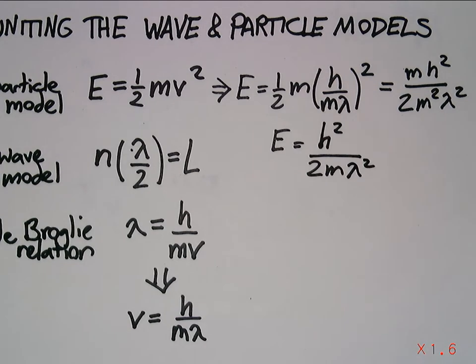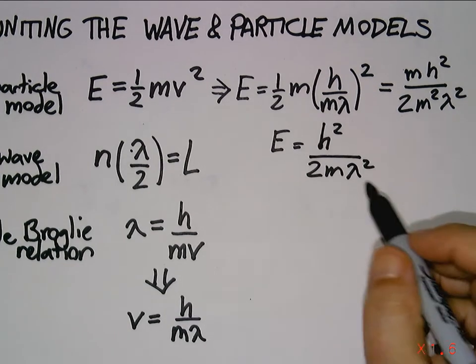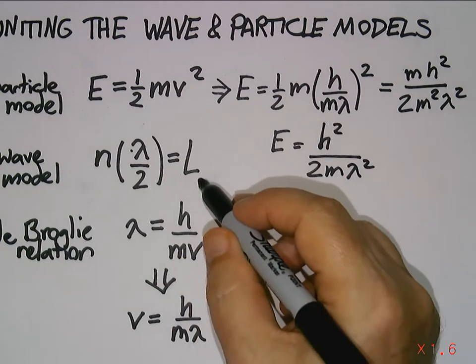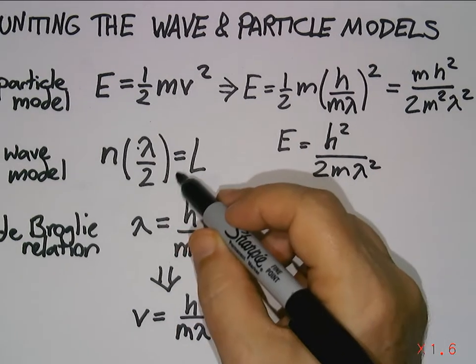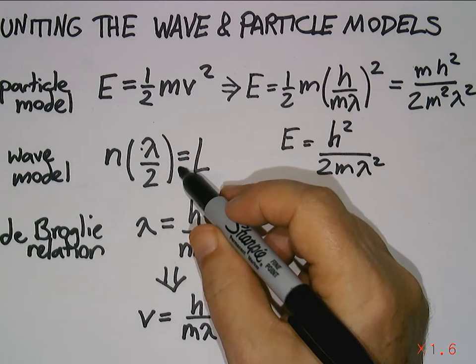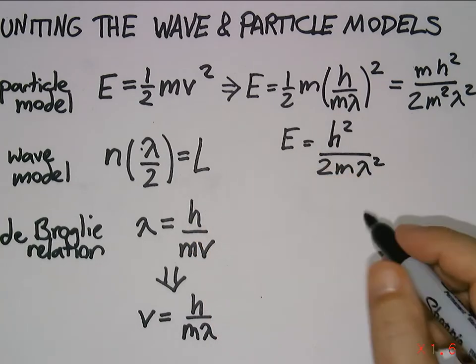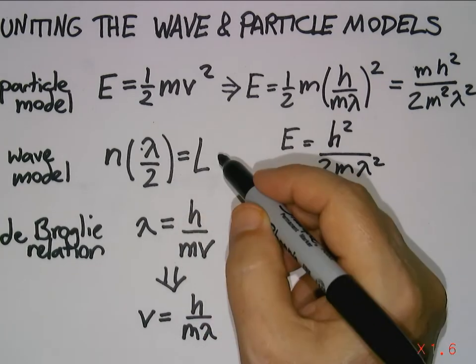Now the next thing I'd like to eliminate from my energy expression is the lambda. And I can do it with this. If I solve this wave model restriction for lambda, I can see that lambda is going to be 2L over n.